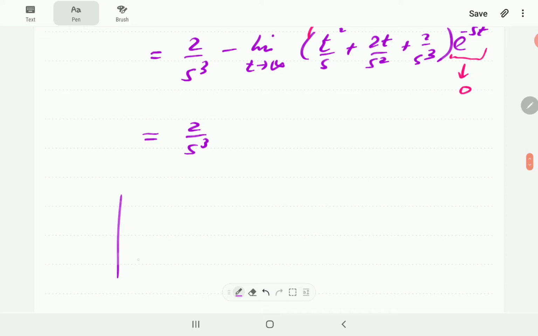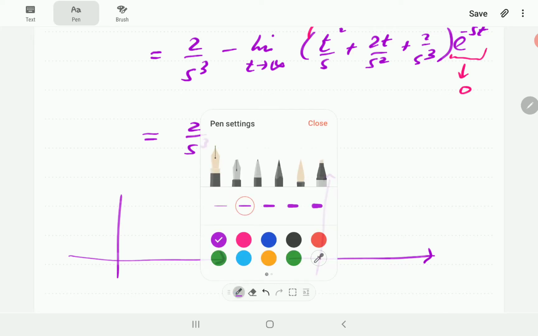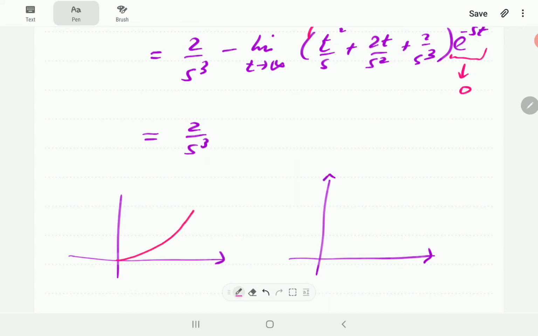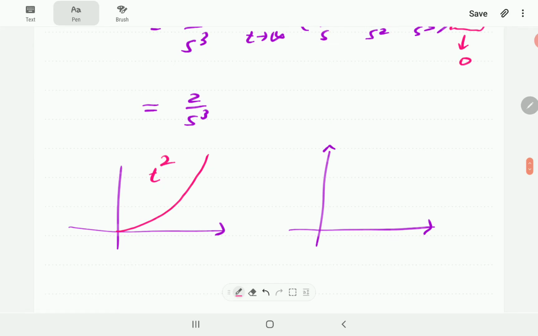Okay, now just to get a picture of what's happening here. What the calculation is telling us is that if we start off with t squared in the t space, t squared is going to look like this. Remember, we are only interested in the part of the function where t is positive.